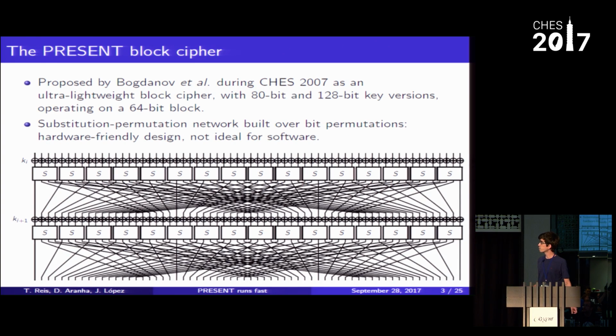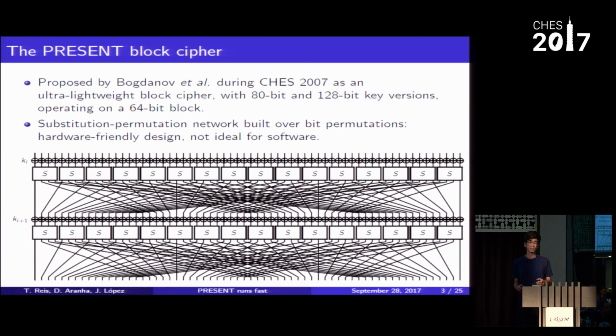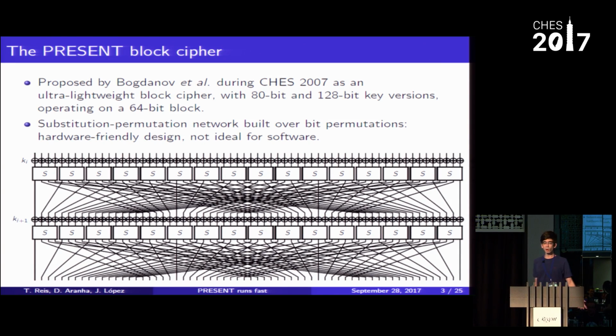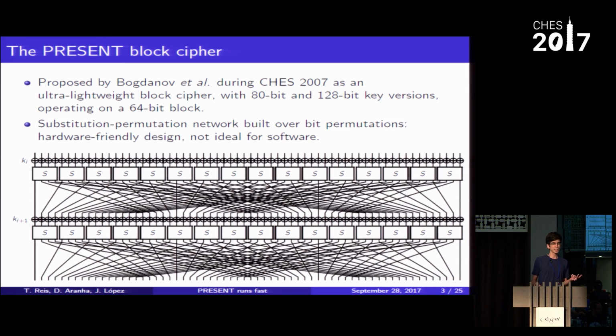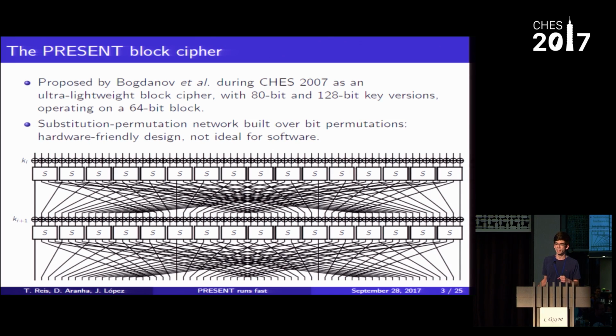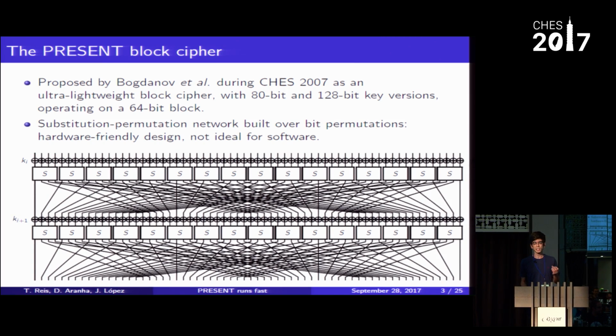So let's first describe the present block cipher as it was originally proposed. Its design was shown in CHES 2007, so 10 years ago, by Bogdanov et al. And it was claimed to be an ultra-lightweight block cipher, and it has two versions, one with an 80-bit key and one with a 128-bit key. They both operate on a 64-bit block, and these two versions only differ by their key schedule.